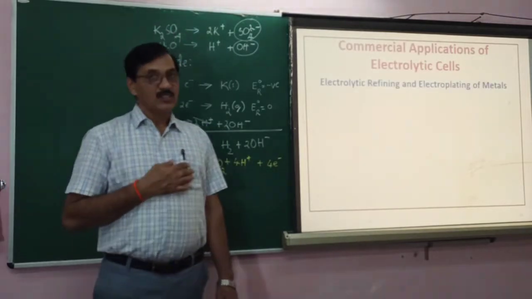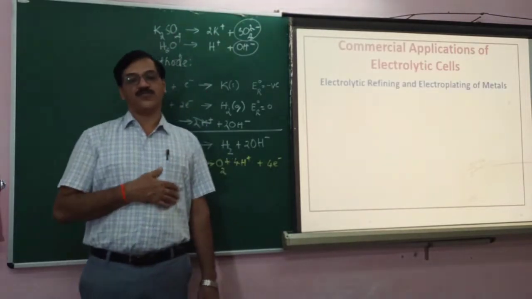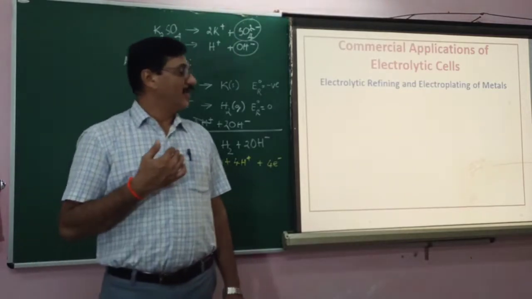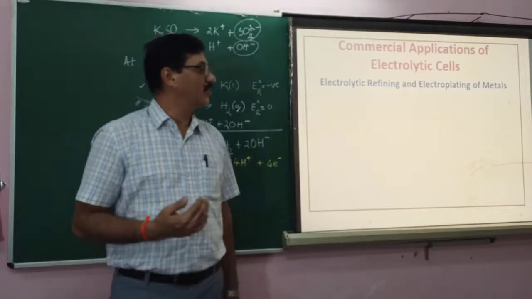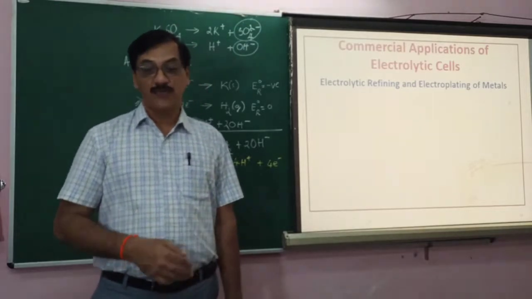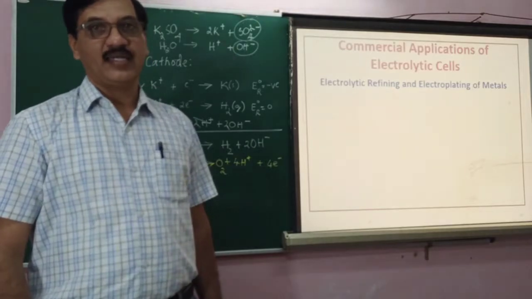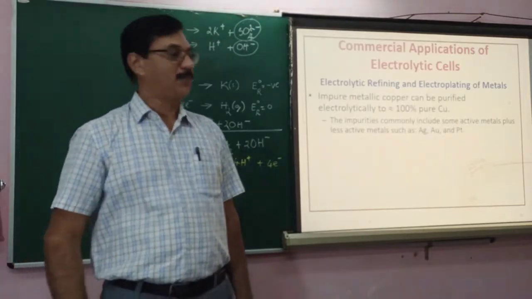Now, what is the commercial use of this electrolytic cell? Electrolytic cell is used in refining and electroplating. So these are the two important areas where we find its application.